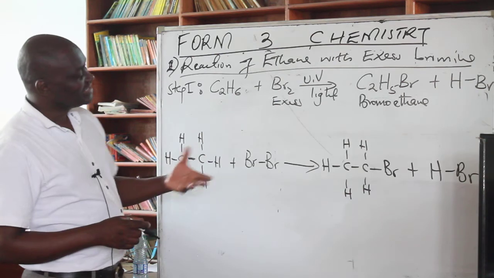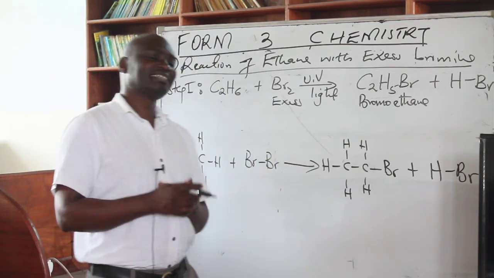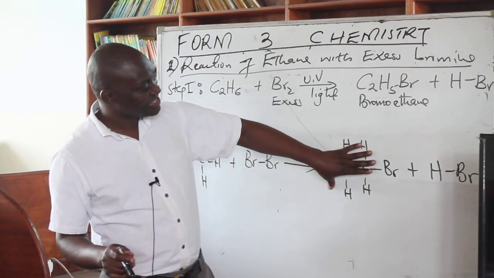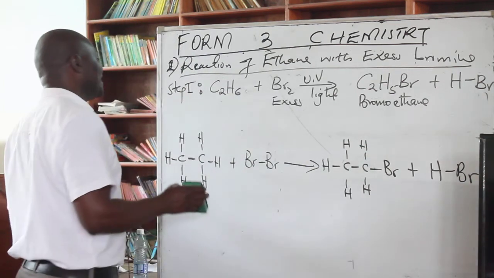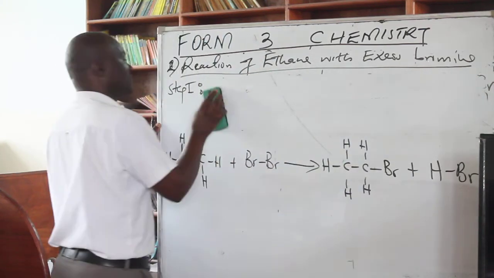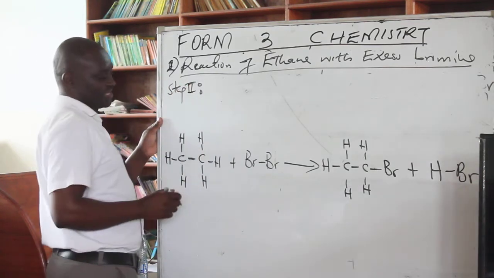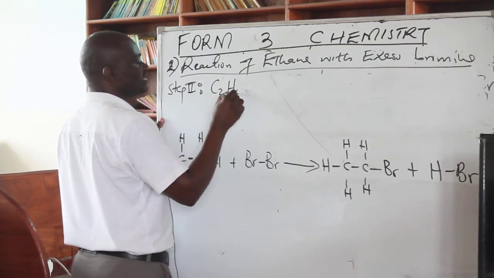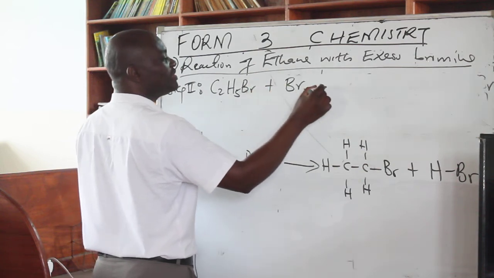Now, in the second step, it is this one that will now get substituted. So in step 2 now, this bromoethane C2H5Br will react with more bromine.